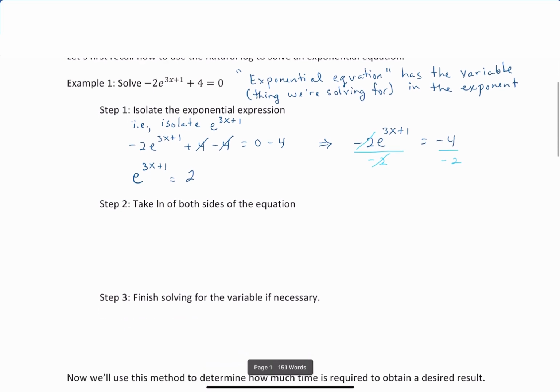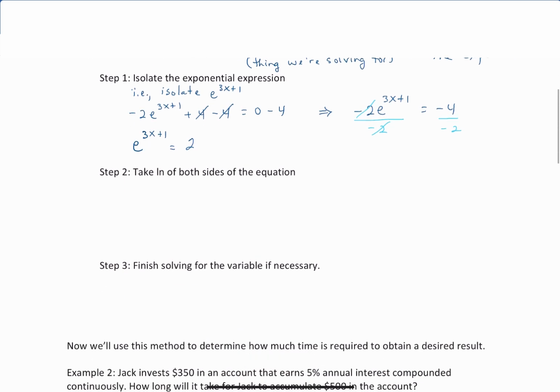Now we're ready for step 2, which is to take the natural log of both sides of the equation. So doing that, I have ln of e to the 3x plus 1 equals ln of 2. Remember, we have to do the same thing to both sides of the equation. And what this does for us is on the left, the ln and the e cancel each other out, leaving us just 3x plus 1 equals the ln of 2.